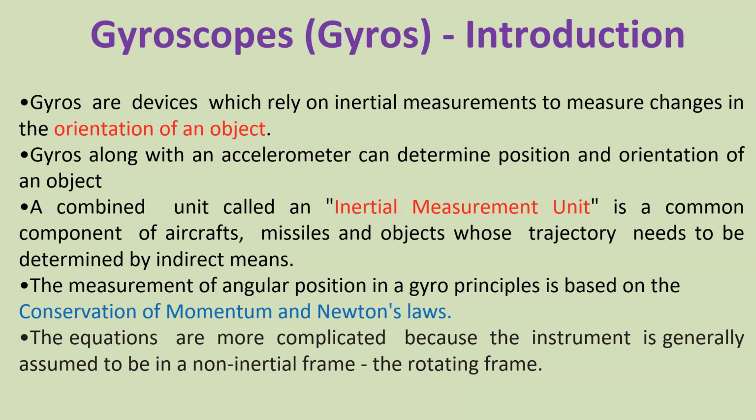For instance, if the object was at a particular place at time t, then after time t plus delta t, it can determine the position by examining the acceleration values in each of the x, y, and z directions with respect to an inertial reference frame. It can determine the exact position by using the accelerometer.